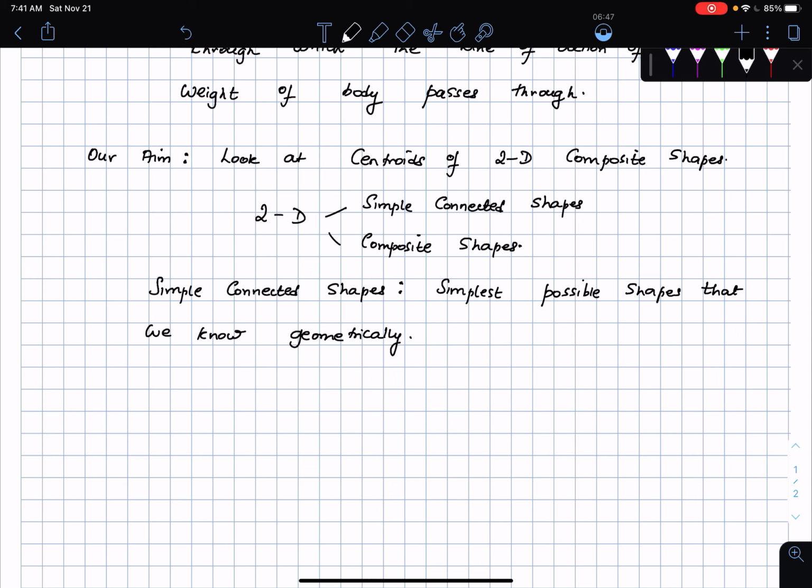The composite shapes are made up of simple connected shapes, so they're the basic building blocks to obtain composite shapes.